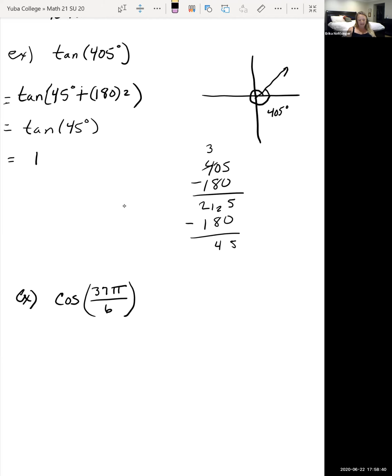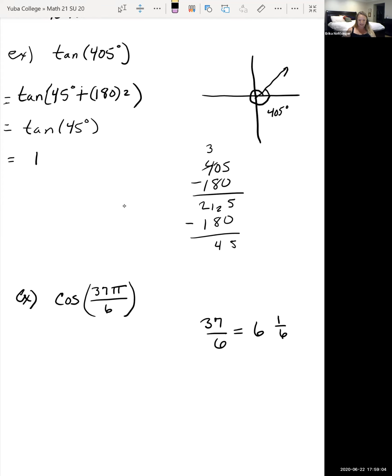Okay, so I see that 6 goes into 37 approximately 6 times, right? 6 times 6 is 36. So this is about 6 pi, or let me break this down. It goes in there 6 and 1/6.